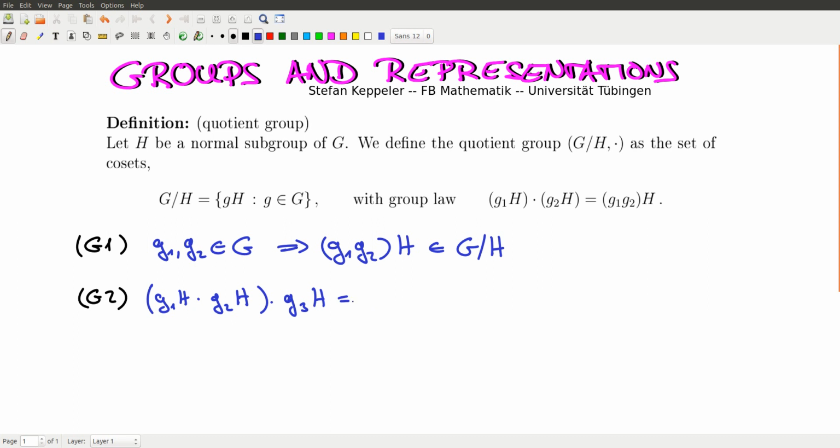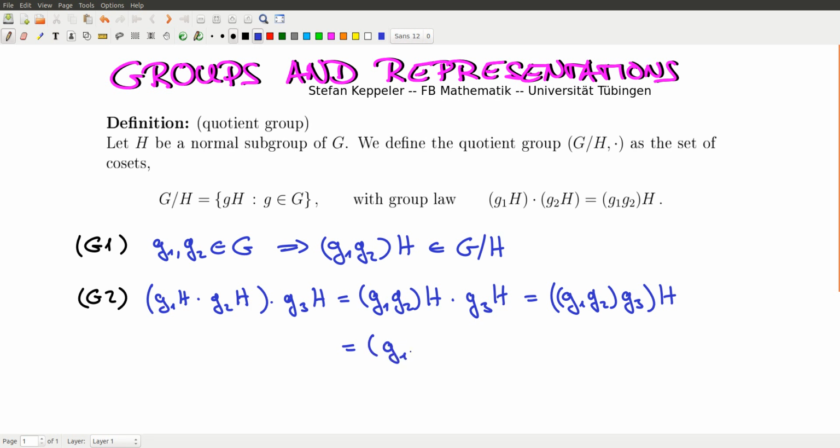So if we spell this out, then g1H times g2H, and the result times g3H, is the same as g1g2H times g3H, and that's by definition the same as g1g2 result times g3H. Now, associativity in the group means that we can move the parentheses here.